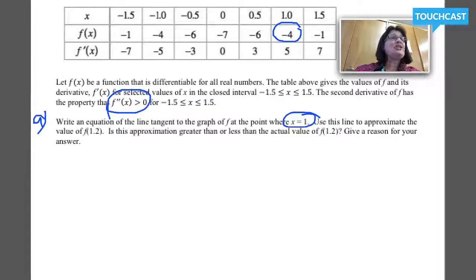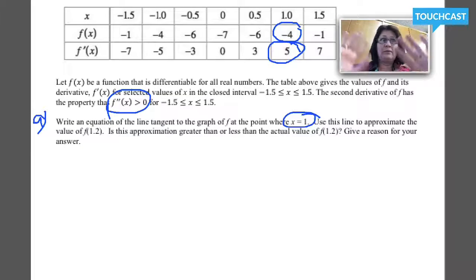-4. I'm going to need the slope of f at x equals 1. That's the same as finding f prime of x evaluated at x equals 1, or f prime of 1. That is 5. I admitted to you in the last video that I don't actually memorize that function in the yellow box. I start with point slope form for the equation of a line every time.